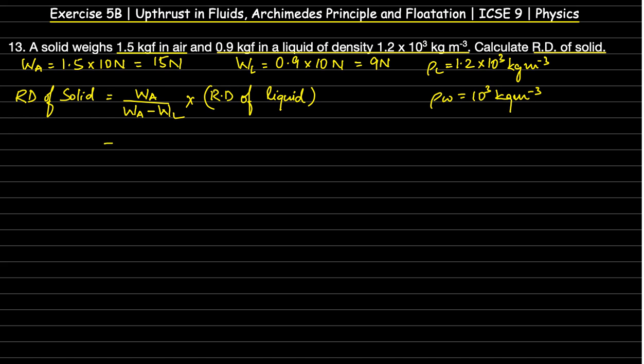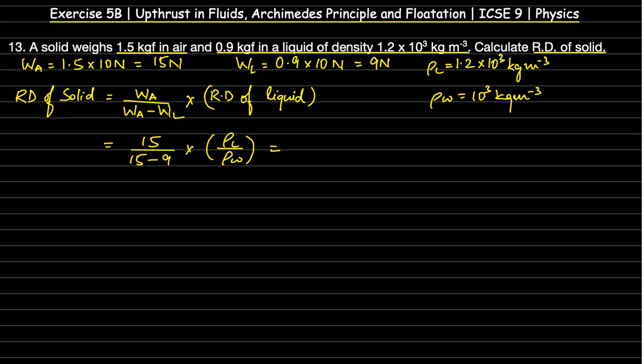So weight of the body in air is 15 divided by 15 minus weight of the body in liquid is 9 into 1.2. We have to basically write density of liquid divided by density of water.